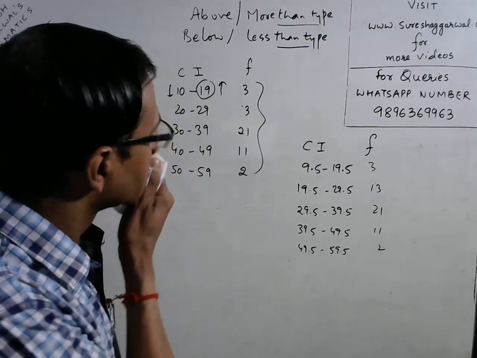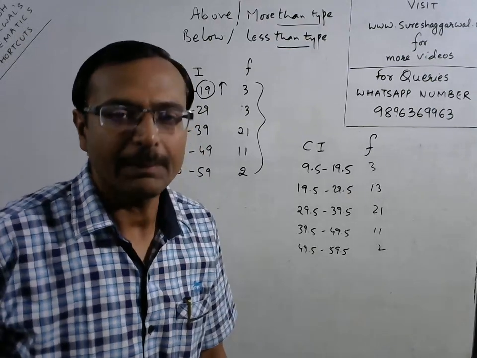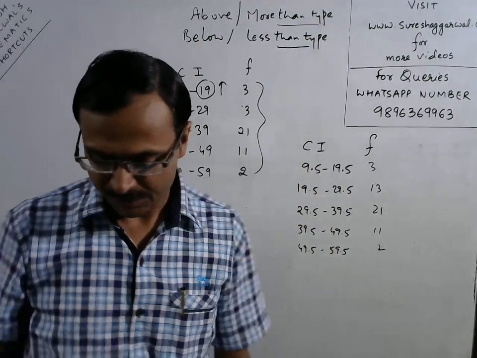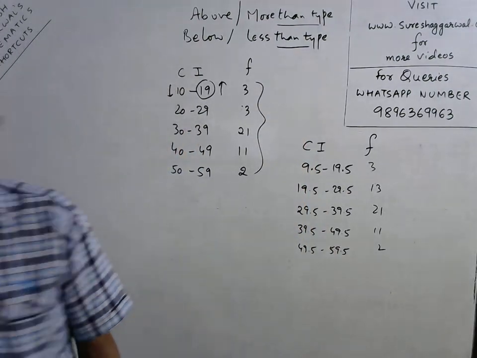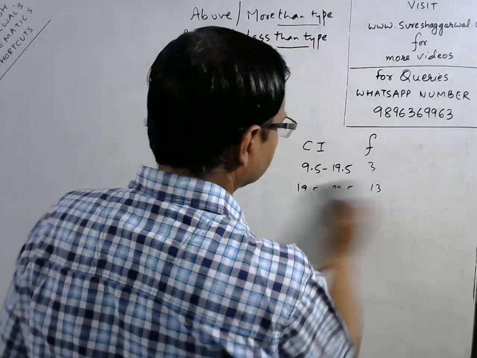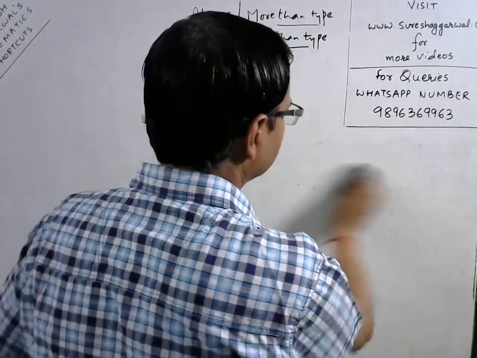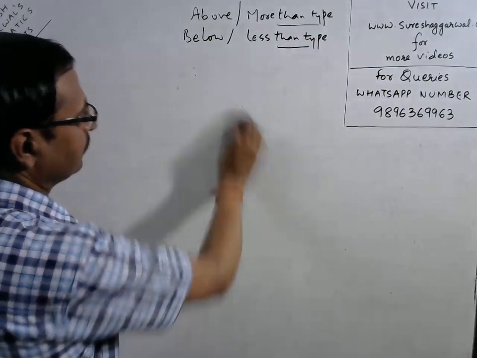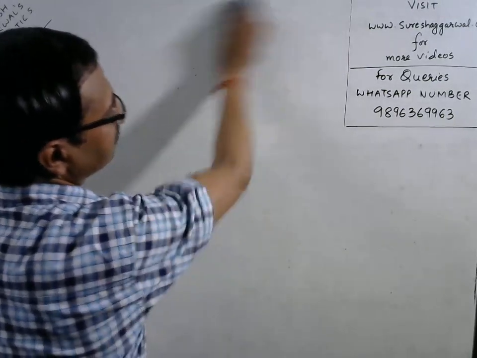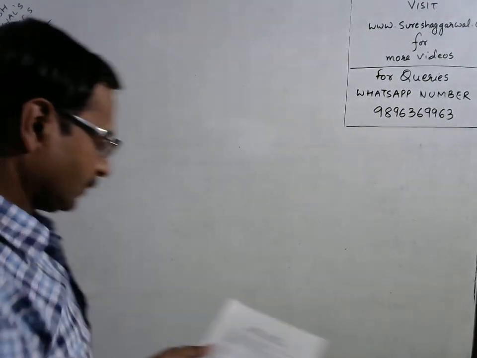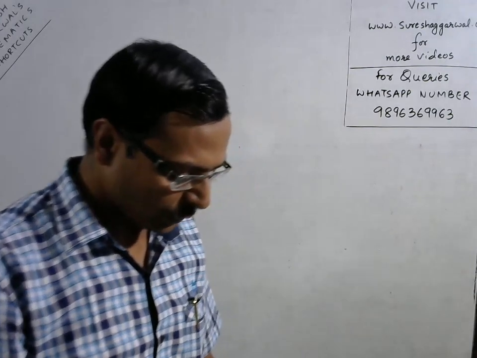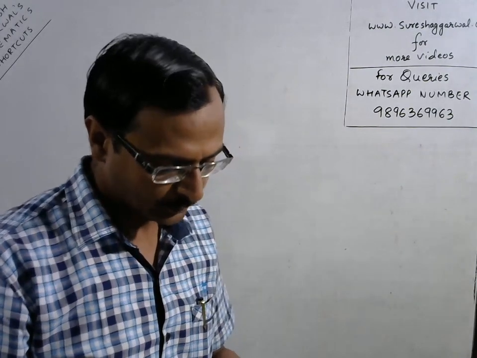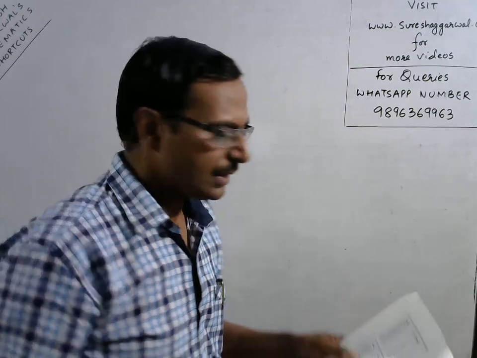Okay, now let us take an example where we are given data in the form of a less than type table. So I have written some questions for you where we have the data in a less than type table or below table also.